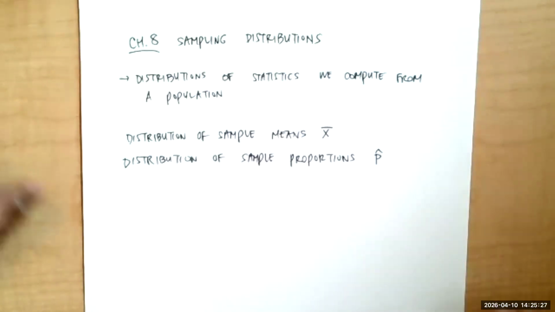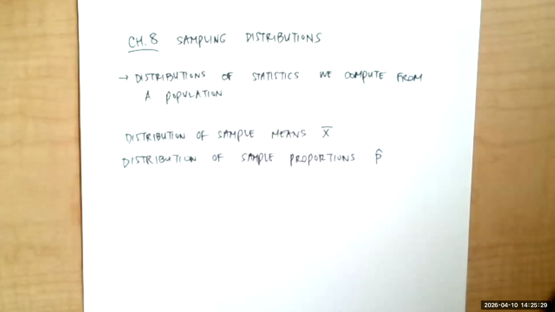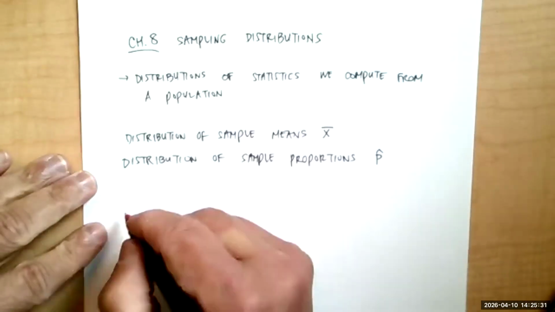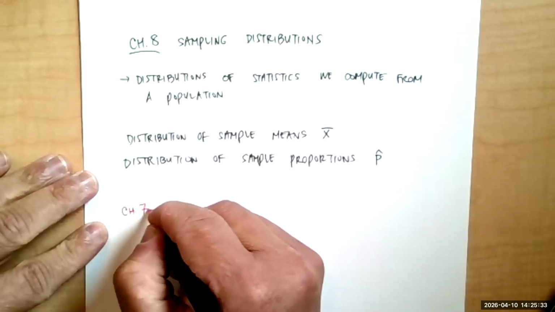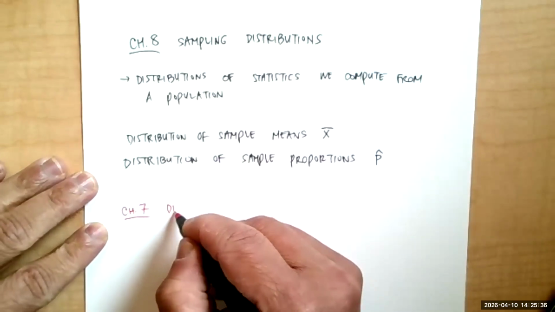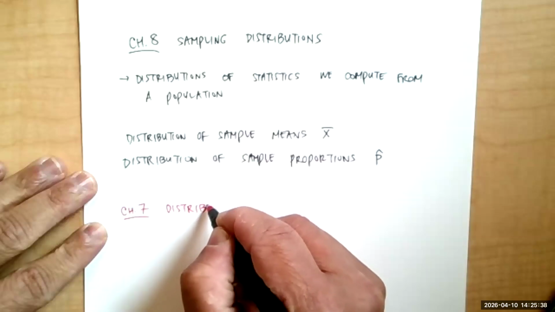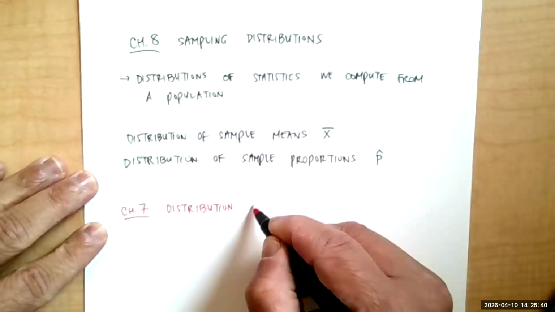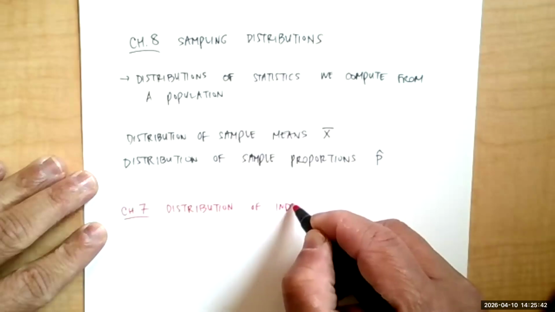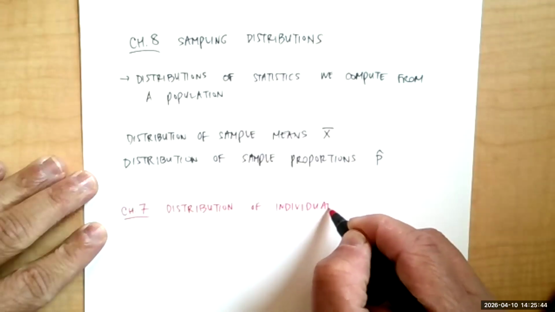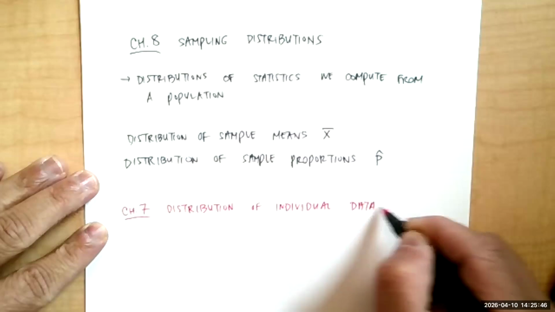Remember what we're comparing to back in chapter 7, when we're looking at the distribution of these individual data values.